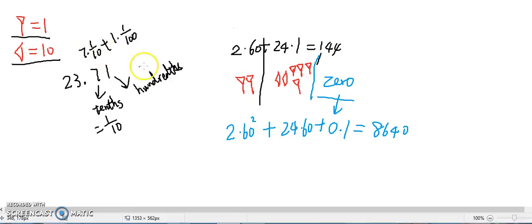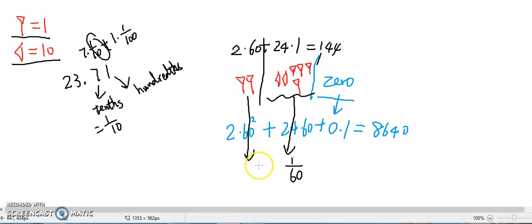So similar to this idea, if I consider this lowest place as a decimal place, instead of having tenths, we have 60ths. So we have 1/60.